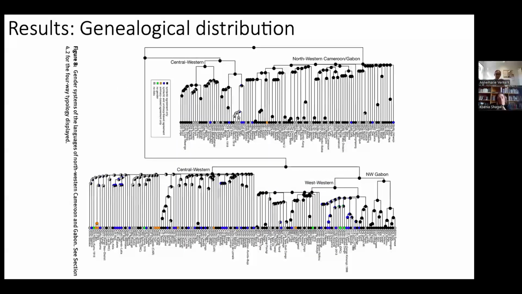So what does this look like on a tree, right? This is what we wanted to look at. So what are the patterns, not just from a geographic perspective, which I just showed, but also from a genealogical perspective. And what you find is, in the clip, this is maybe a bit hard to read. Anyway, so this is Proto-Bantu.